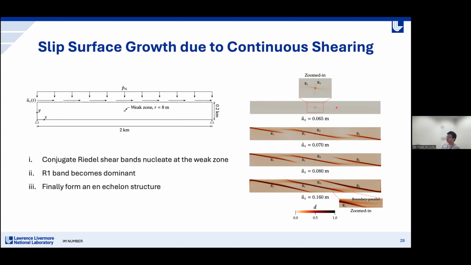And as the shear increases, you can see these conjugate radial shear bands start to nucleate at the weak zone first. And then this R1 shear band becomes more dominant. And at the end of the simulation, we can see an array of slip surfaces, which forms this en echelon structure that is commonly seen in the strike slip fault system.